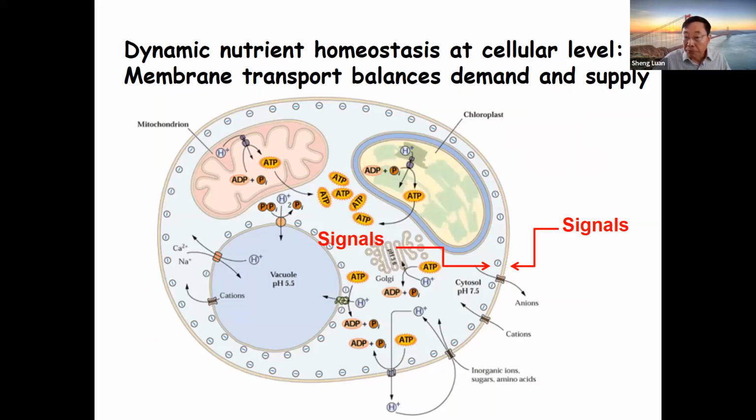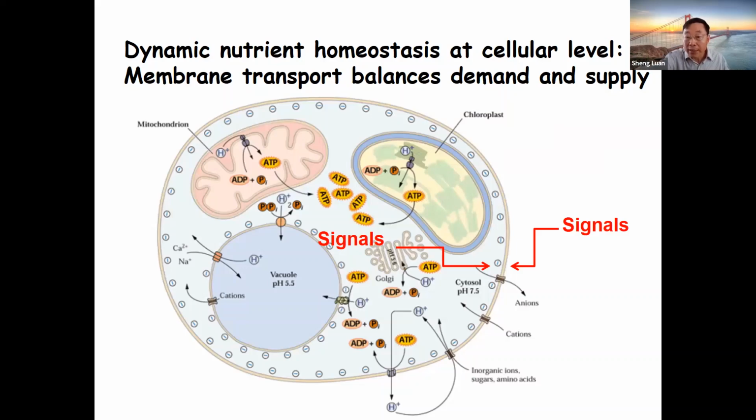So the concept of nutrient homeostasis is really to balance the demand and the supply of all minerals at different levels. Ideally, all the organelles in the cell and all the cells in a single plant receive a perfect balance of nutrient. That's the ideal situation. It's not very often possible, but plants are constantly trying to achieve that.